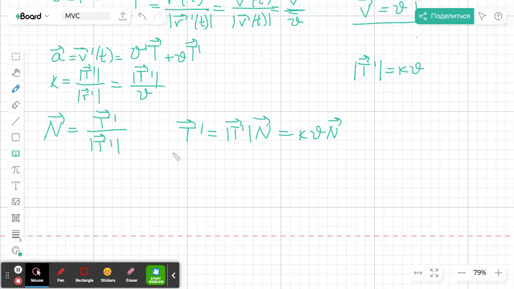And then our equation for a over here becomes this one.